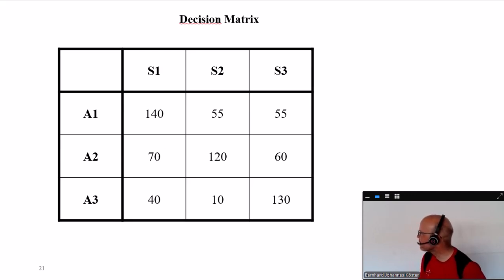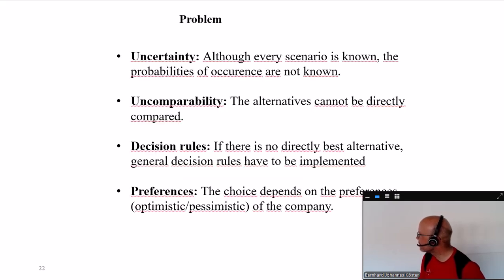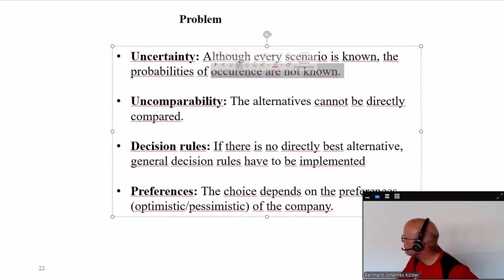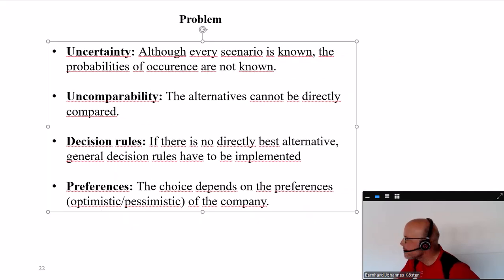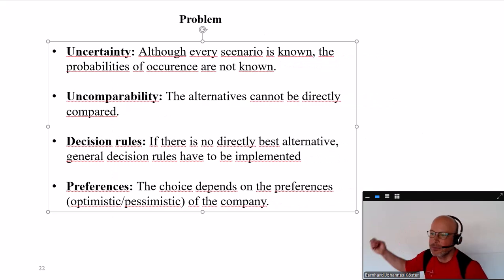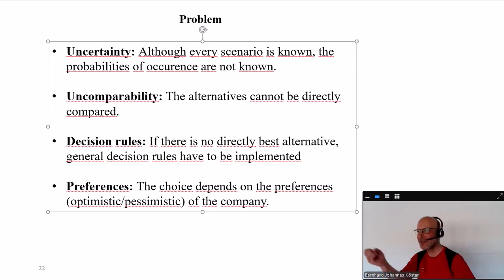But then let's go through this. I have somehow forgotten, or this is the problem in general, and you somehow already solved this. If I'm very risky, then I'm just looking at the largest numbers, and if I'm very risk averse, then I look at the smallest numbers to decide.